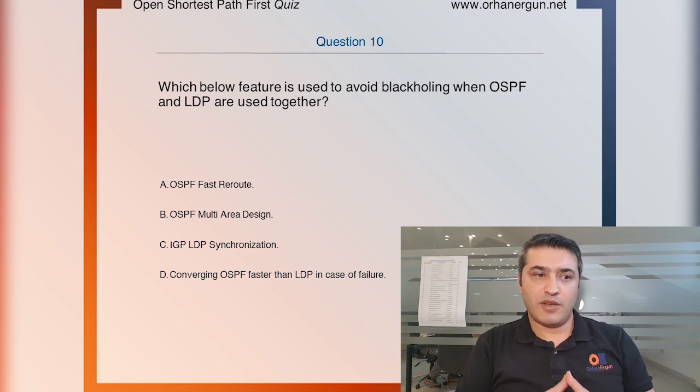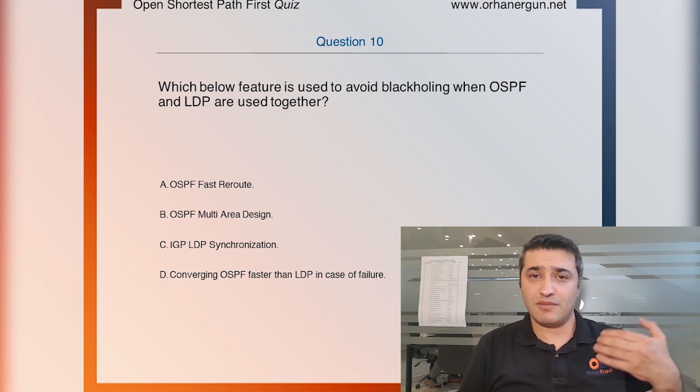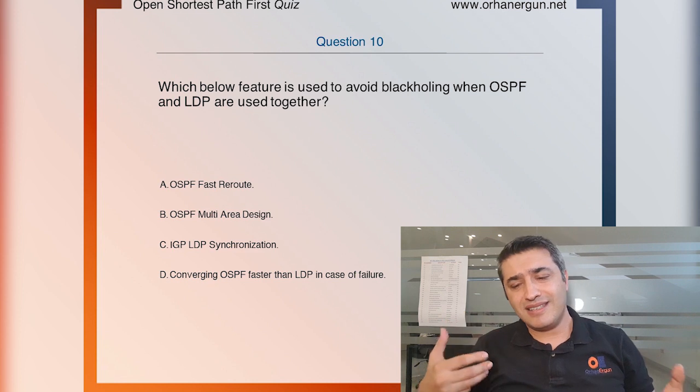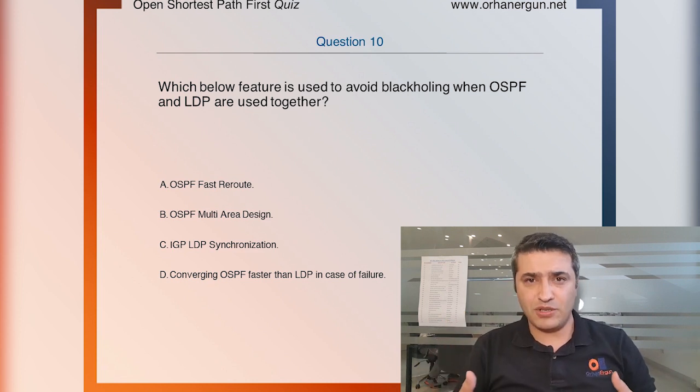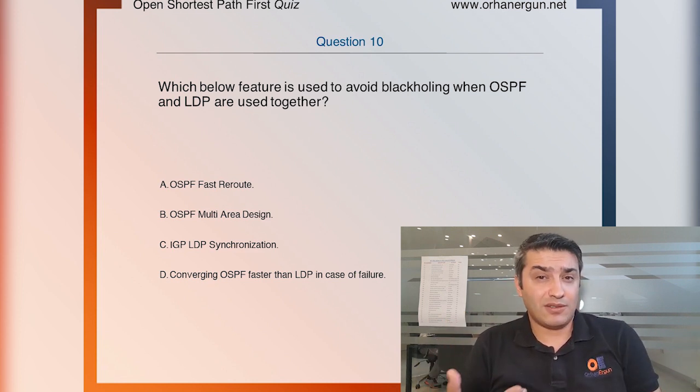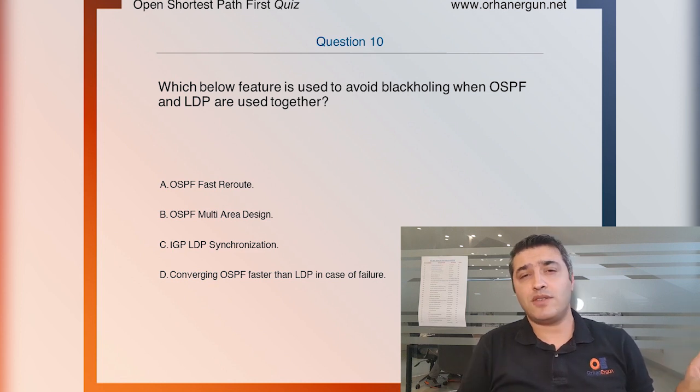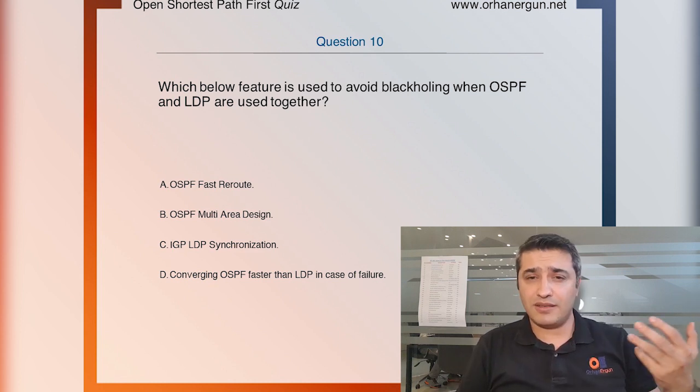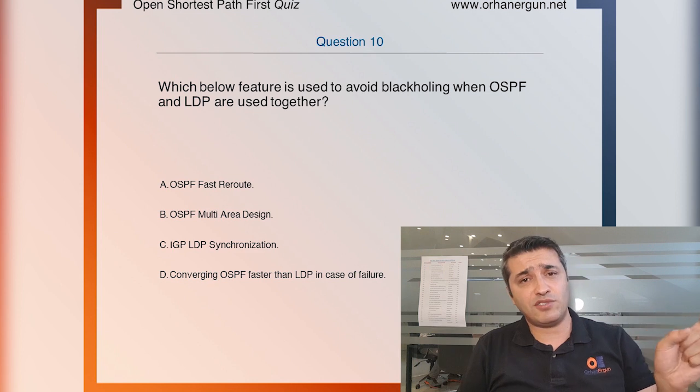Okay, OSPF fast reroute, no. OSPF fast reroute can be done with many IP fast reroute mechanisms. LFA could be one, loop-free alternate. When there is remote LFA, LDP might be required, but remote LFA is not the only option. We have MRT, maximally redundant trees FRR.